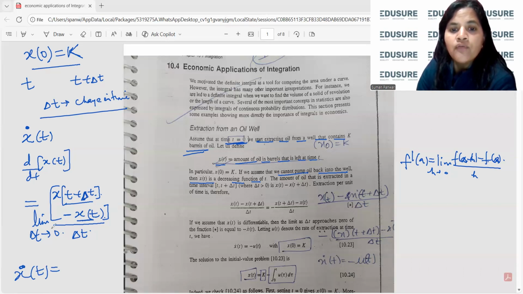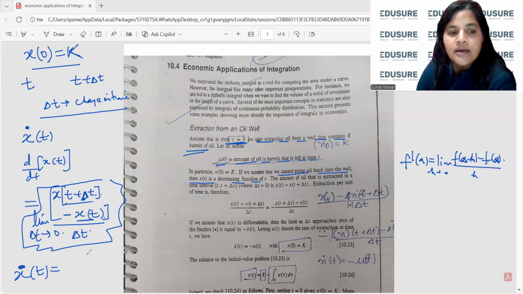Now what is this rate of change? You can see that x(t plus delta t) is the amount of oil left after time t plus delta t, and x(t) is the oil left after time t.